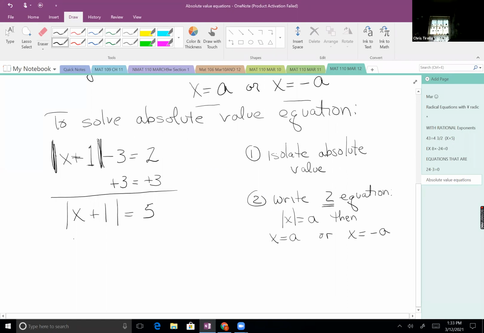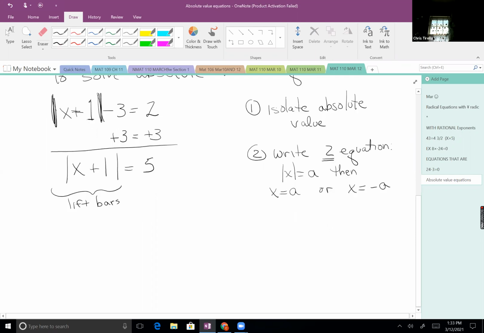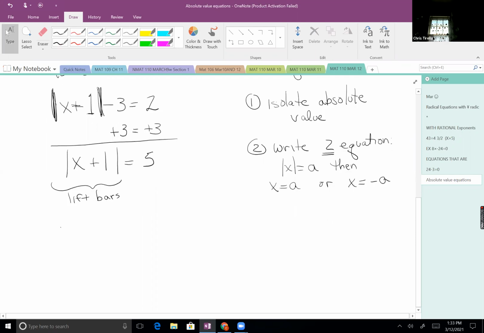So on the right-hand side, I'm going to just lift the bars. I'm never going to worry about the signs within the bars. I'm just going to lift the bars. That's going to give me x plus 1 equals that number, or x plus 1 can equal the opposite of that.